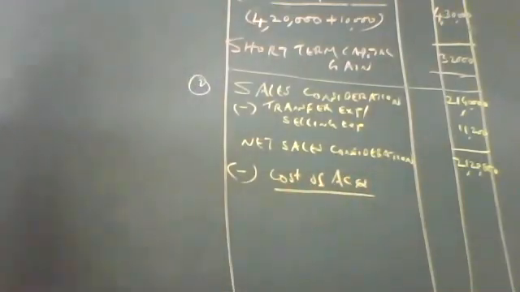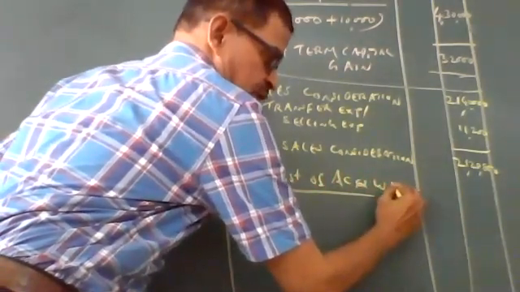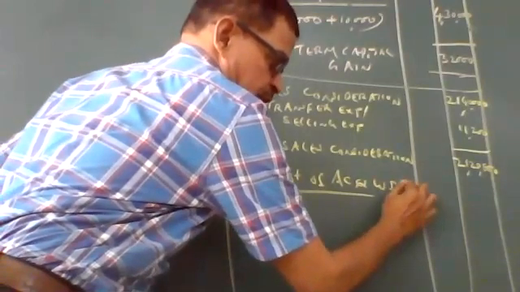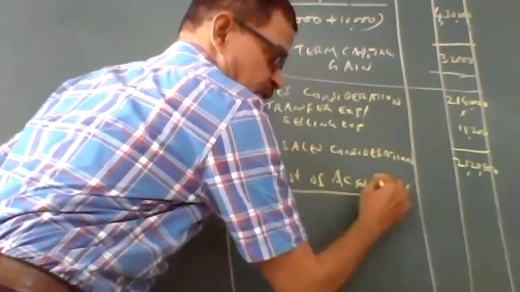Is it given in the problem? He may be giving it indirectly. What is the cost of acquisition? So 17,25,000, which is nothing but the written down value. You already studied in accounting FA1, FA2 what the straight line method and the written down value method are.